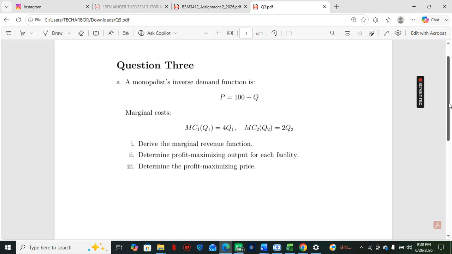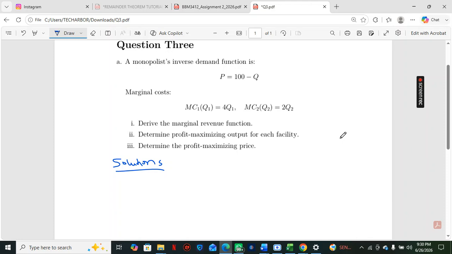All right. So remember, colleagues, in order to get the marginal revenue function, you need to first get the total revenue. Because marginal revenue is the additional revenue you get whenever you make or sell an extra unit. So we're going to say total revenue equals price times quantity.